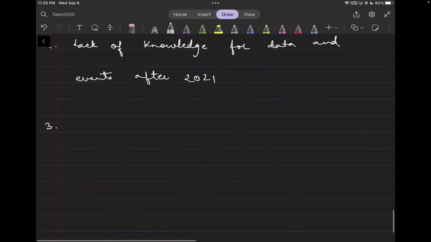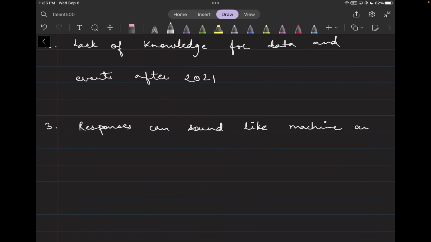What is the next limitation for this? Responses can sound like a machine and unnatural. What does it mean? So, when you talk about this ChatGPT, it can predict the next word.